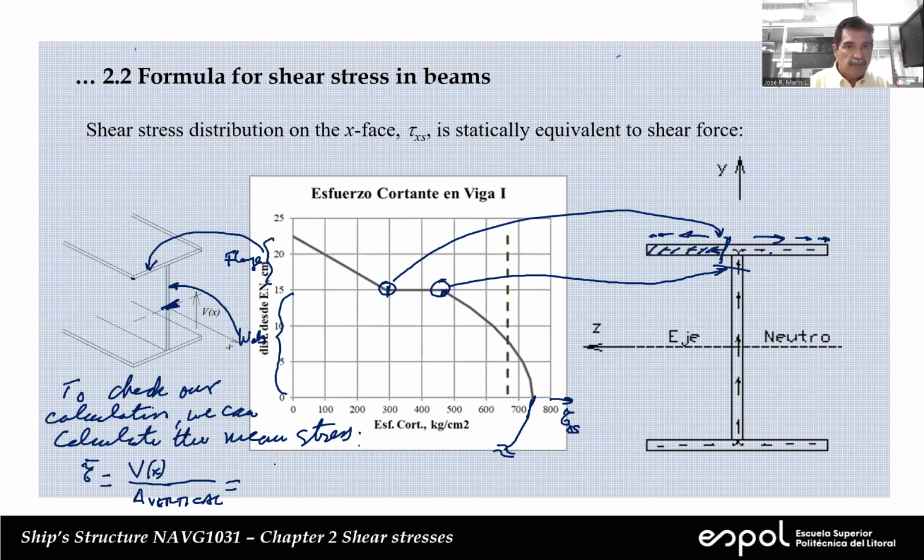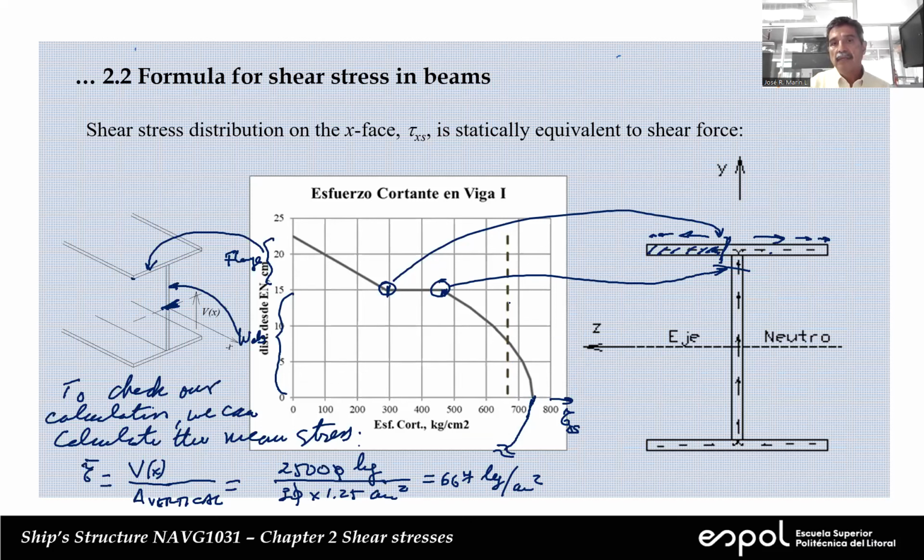The shear force is 25,000 kilograms, and the area is going to be 30 times 1.25, in square centimeters. So I have a value of 667 kilograms per square centimeter. And you see that the maximum is a little bit above the mean.